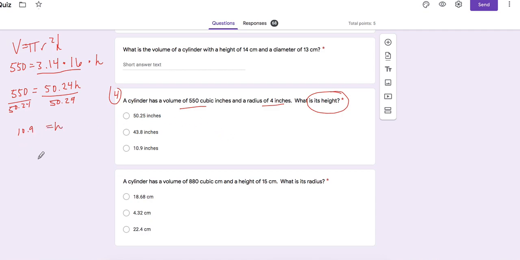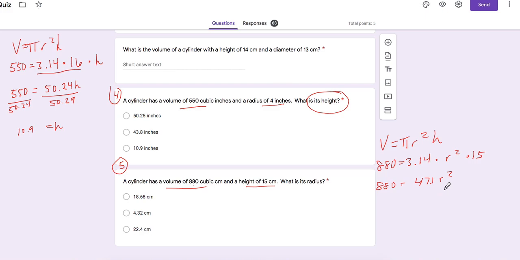All right, and the last one here, number 5. We have our formula: volume equals pi r squared times the height. Again, we fill in things we know. We know the volume, we know the height. So 880 equals 3.14 times radius squared times the height of 15. I multiply all this out, I get 880 is equal to 47.1 times r squared.